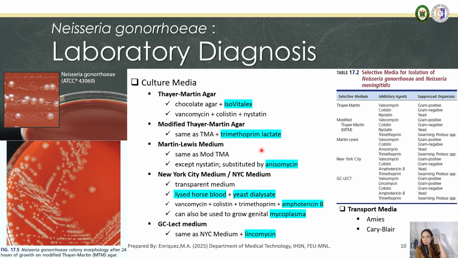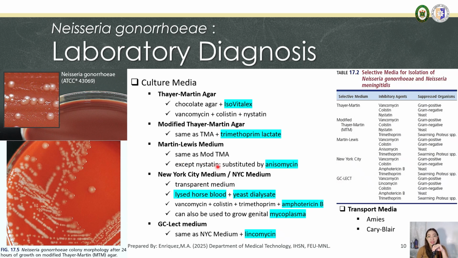So ayun po, yung mga different selective media that could be used for the isolation of Neisseria, it's basically one big pakopya ng assignment mo, papalitan ko lang ng konti, di ba? Parang the base is the same, but they're just switching up some of the inhibitory components or they're just adding things, di ba po? Up next is the New York City medium.